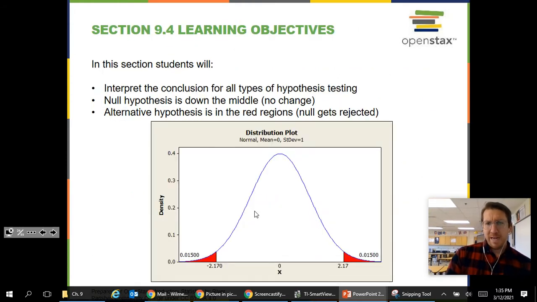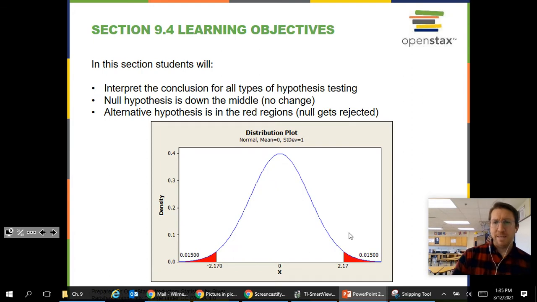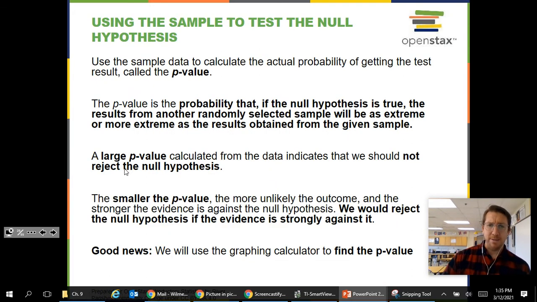So thinking back here, if it happens somewhere in the middle, that's close enough to the null hypothesis, we can't reject it. But if we have a very small p-value, generally 5% or less, then we're going to be over here in the tails. And if we're over there in the tails, we're far enough from the null hypothesis that, depending on our levels, we might reject that null hypothesis.